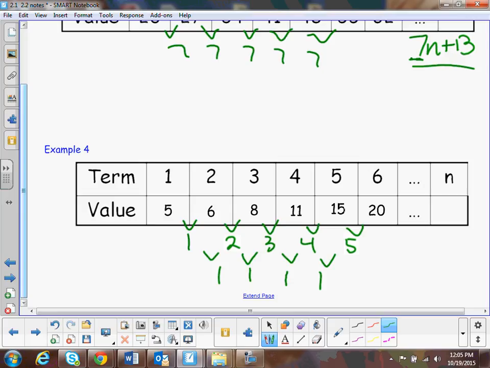When that happens, what type of function is it? Not linear, it's quadratic. So write that down: if the second set of differences is constant, that means it's quadratic.